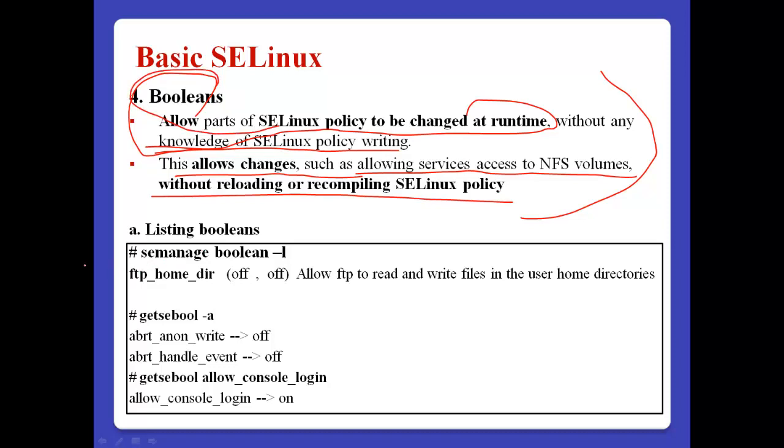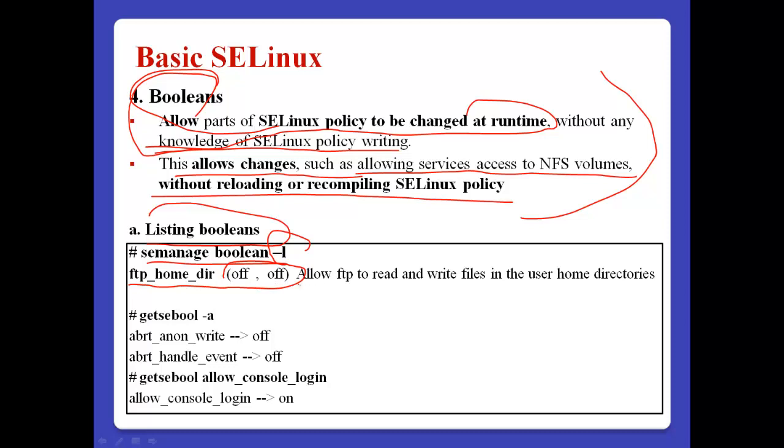For example, first one, listing booleans. Then you can use this command, semanage boolean -l. Then you can see all the SELinux policy booleans. For example, this one, ftp_home_dir. This one is now off, disabled already.